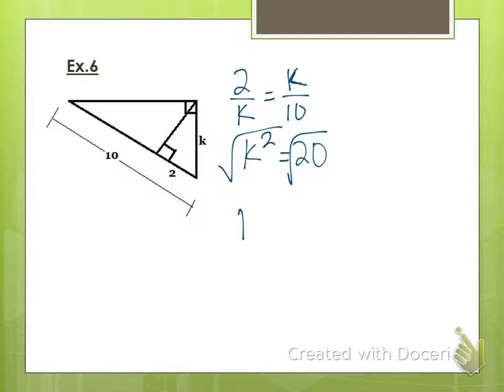When we square root, k would equal 2 root 5, or approximately what? 3.5? 4.47? So we'll just round it, 4.5.